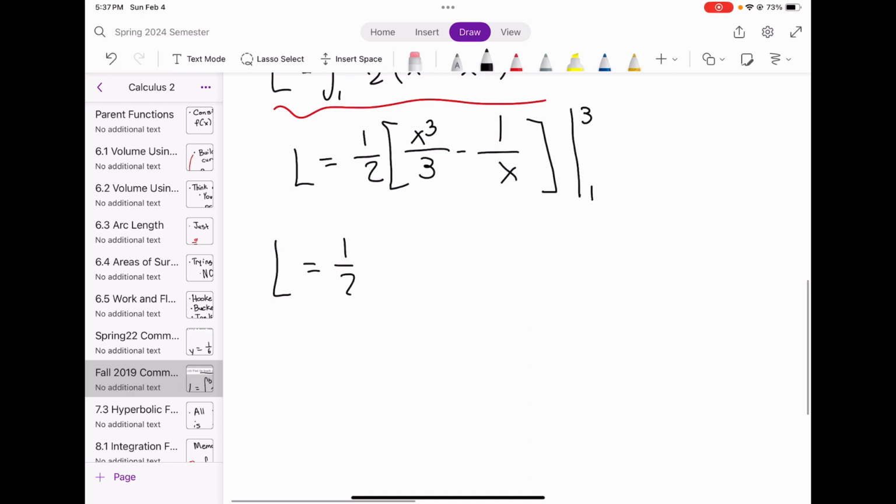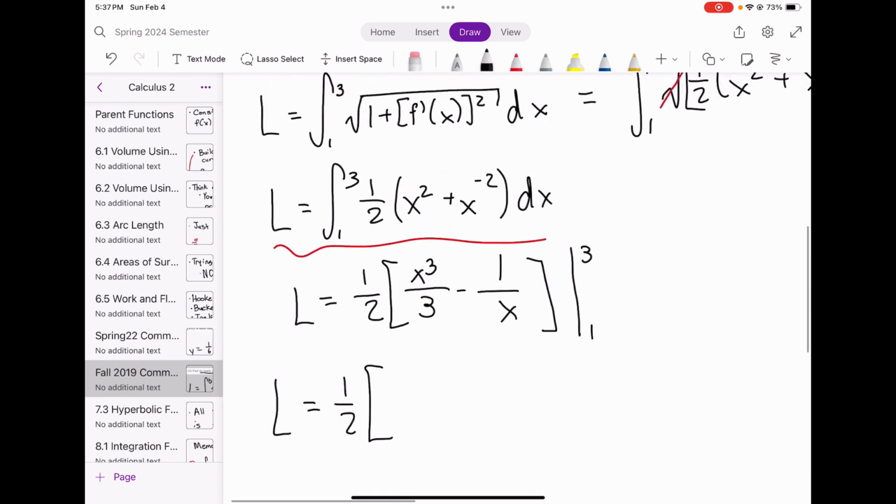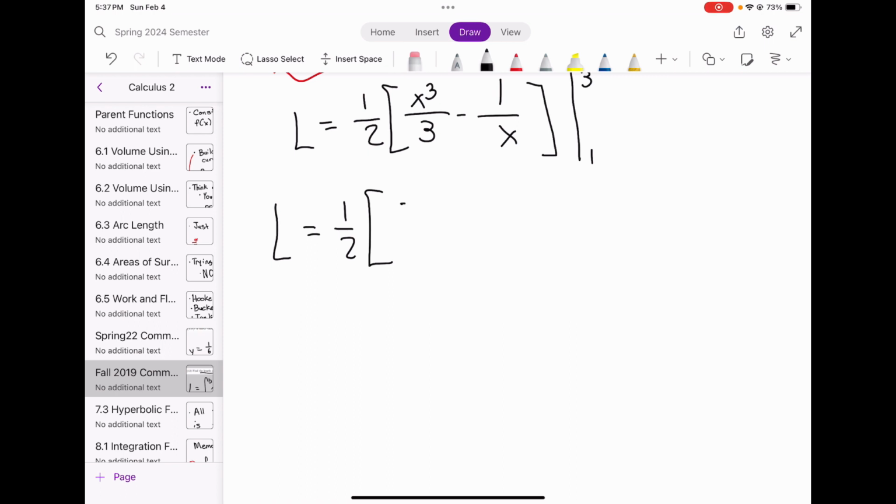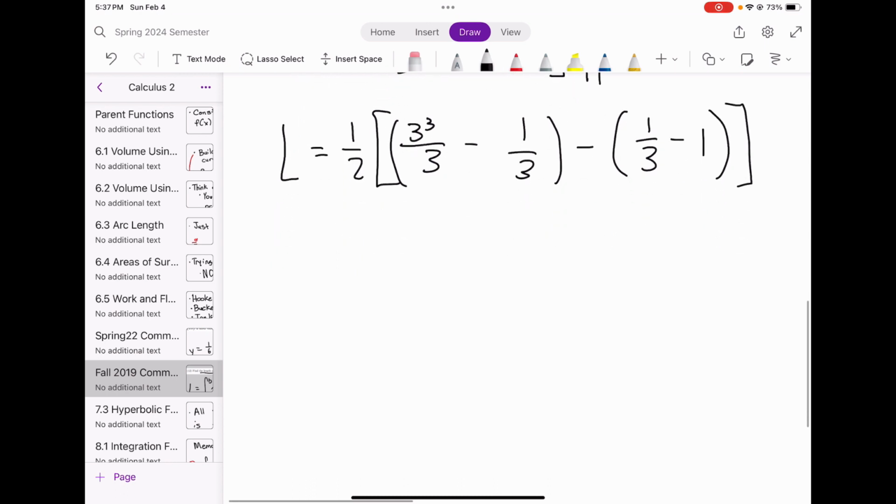L is equal to 1/2, and then right here is just plug in and solve. 3 cubed over 3 minus 1/3 minus 1 over 3 minus 1. L is equal to 1/2.